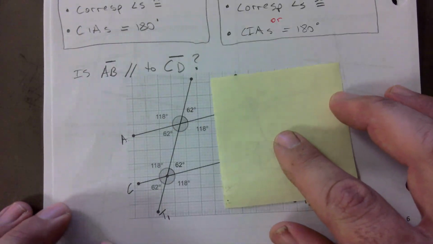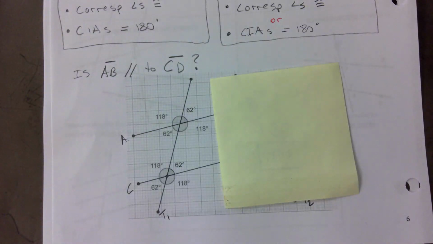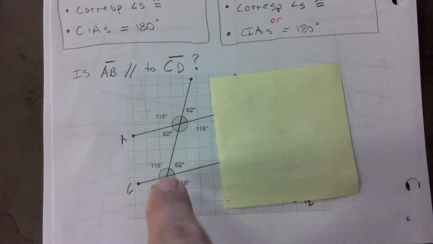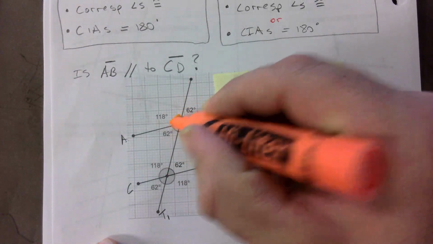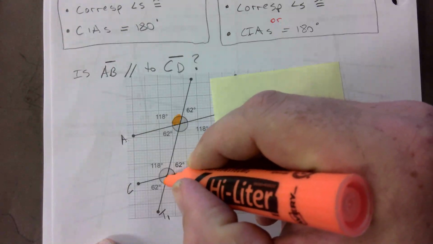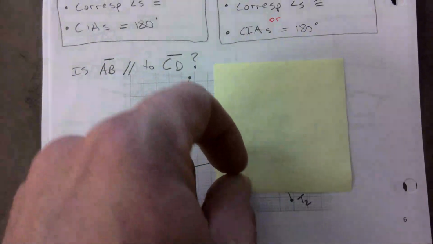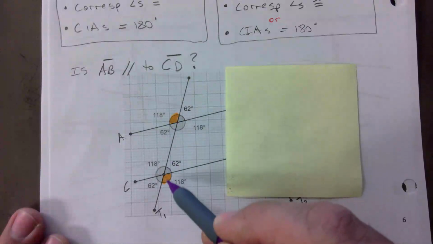It is 1, but we're just going to focus on this transversal here. Where are the alternate exterior angles? When this is the transversal, cutting two lines, we would say that this and this are alternate exterior, correct? Anyways, these are alternate exterior.